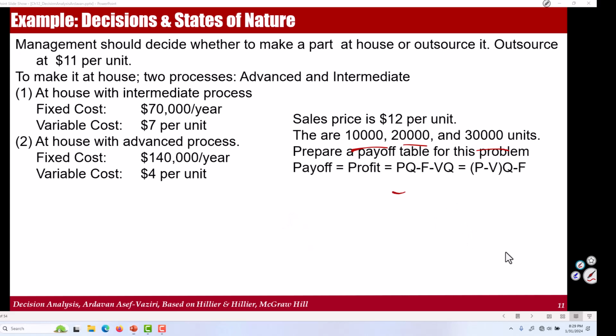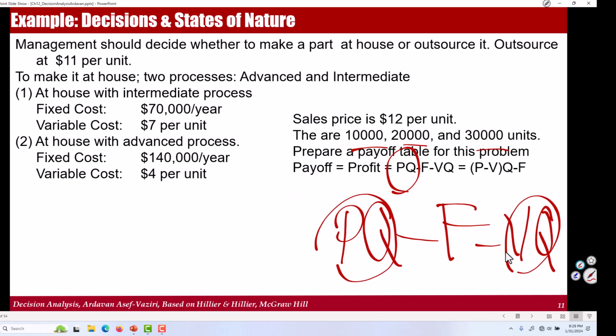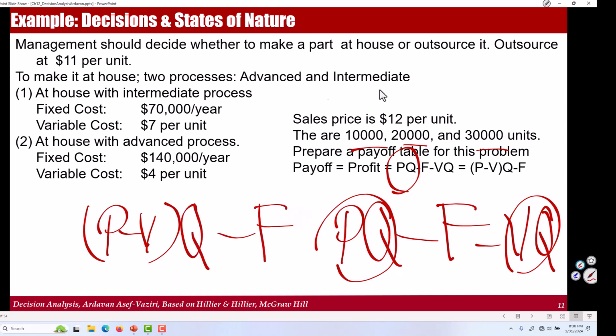Profit is revenue, which is price times quantity, minus fixed cost, which is there whether we produce or not, minus variable cost per unit times the number of units produced. If we factor Q out of PQ and VQ, our profit is (P minus V) times Q minus F. That is how we can compute profit.